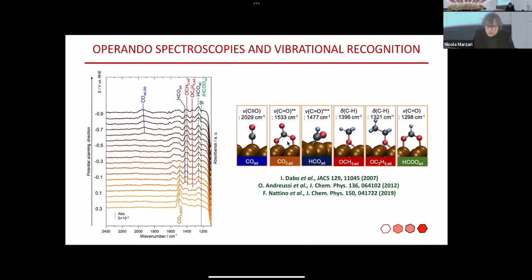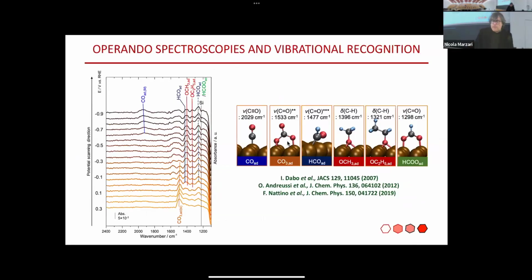One area where we work a lot here is on spectroscopies: vibrational spectroscopies, infrared, Raman, X-ray spectroscopies, and so on. And this is just an example of, say, reactions at an electrified interface. As a function of the potential, you see that certain species appear. You see these vibrational peaks that appear.